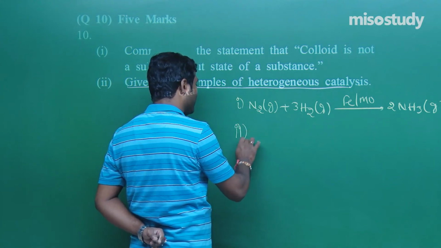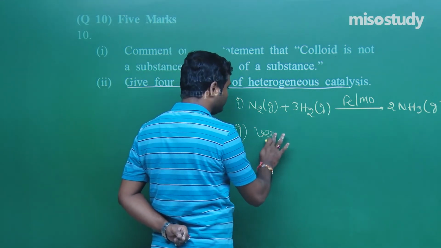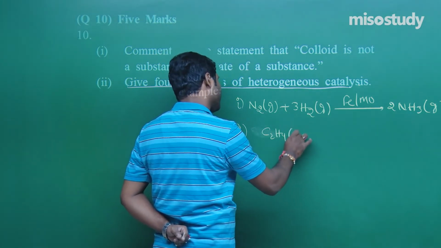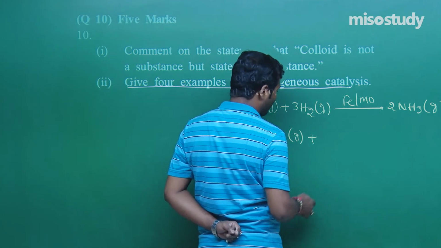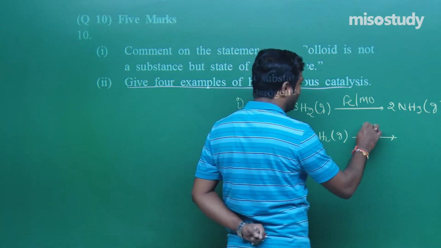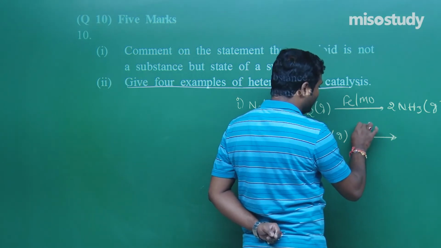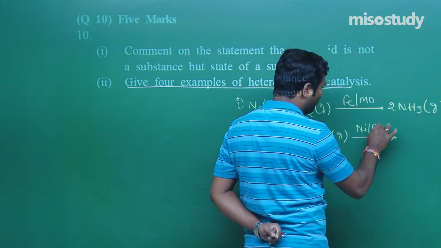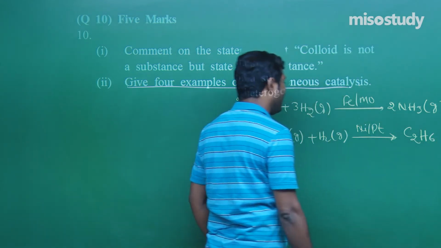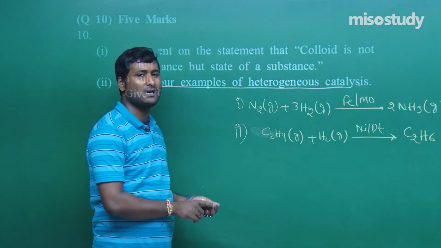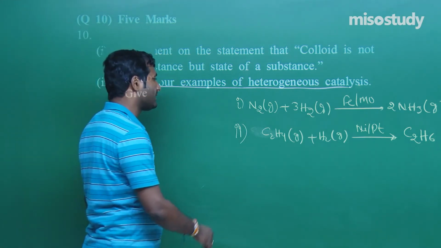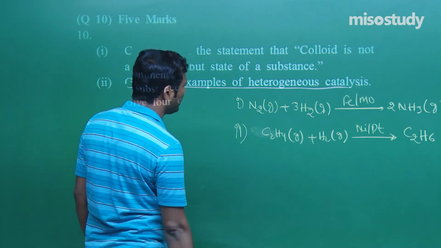If I write here vegetable oil hydrogenation, or C2H4 in a gaseous state, plus hydrogen, hydrogenation of unsaturated hydrocarbon in presence of nickel or platinum catalyst, it gives you a saturated hydrocarbon. This is also an example of heterogeneous catalysis. There are many more examples.